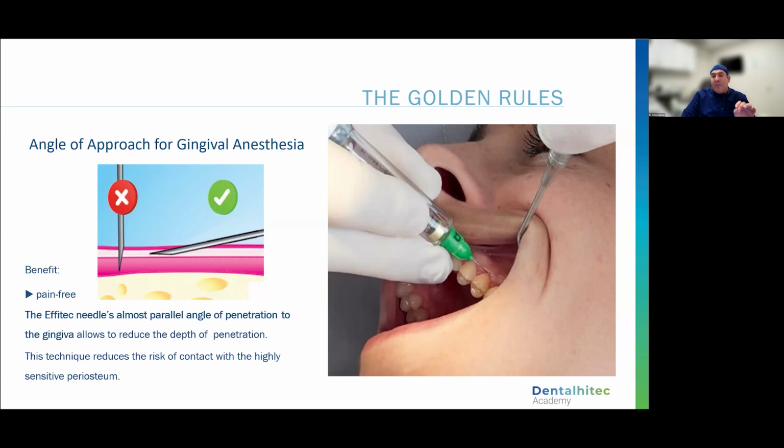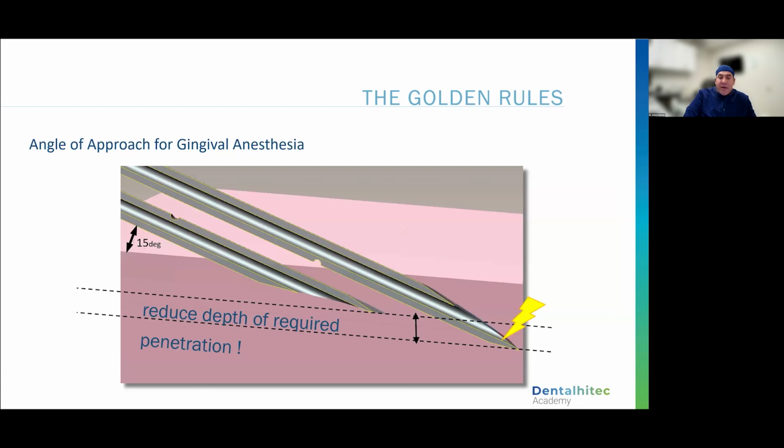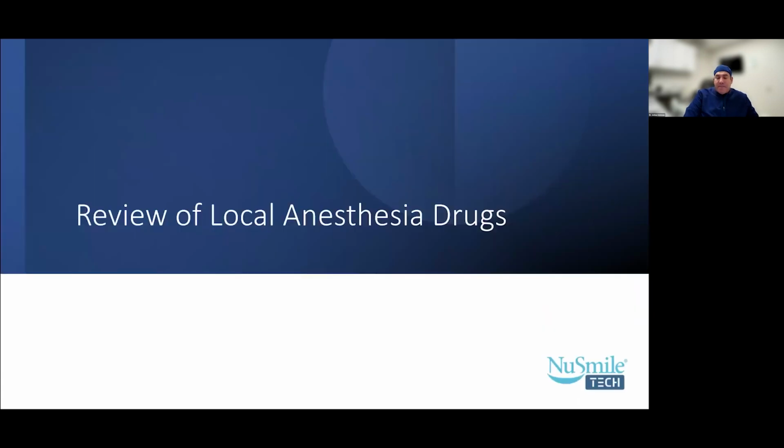And again, remember, please don't push. You just need to give almost a bend or just slight pressure down as you slightly advance. The needle is so sharp, it'll pass through. If you're coming at the right angulation, about 15 degrees off the soft tissue or off the teeth, then your chances of actually touching the periosteum are almost none. And again, you've got to watch your depth there and not touch the periosteum.